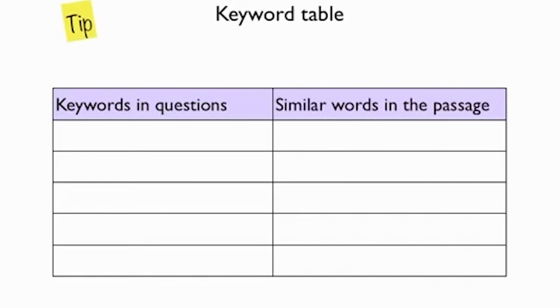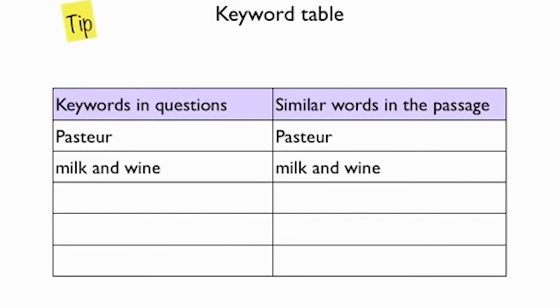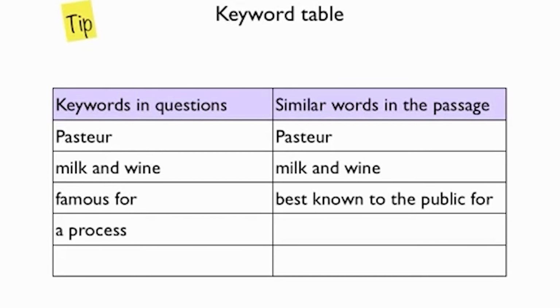So, in this lesson, there were some easy keywords. We found Pasteur in both the question and the passage, and we also found milk and wine. The question contained the words famous for, while the passage contained best known to the public for. A process is similar to a method, and make safe for consumption meant the same as stop from causing sickness.